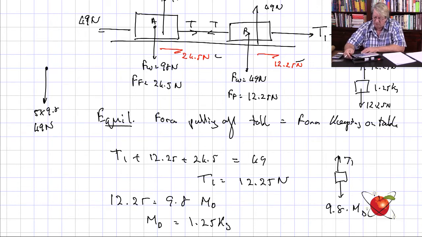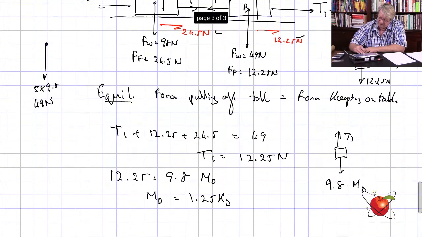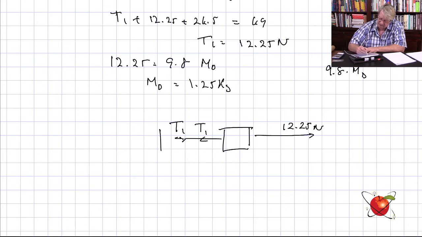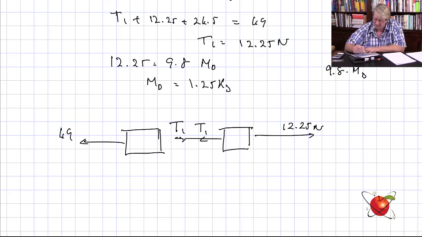But now let's have a look at what T is, the tension between them. We've got 12.25 newtons acting that way on a block, and a tension there. Let's call the tension on each side T1, because it must be the same. Then we've got the other block here, with a force of 49 over there. They want us to calculate what that T is.